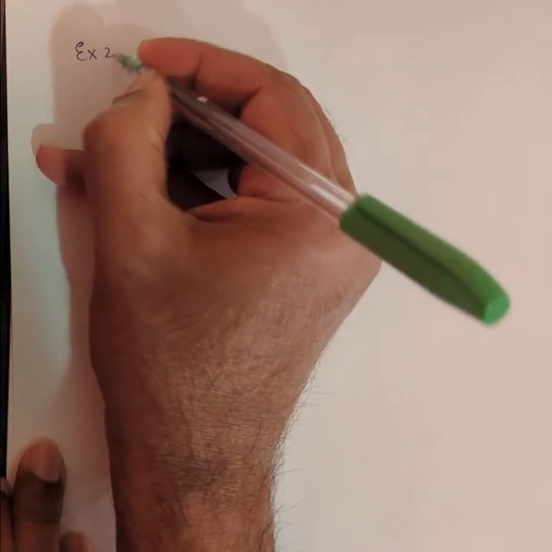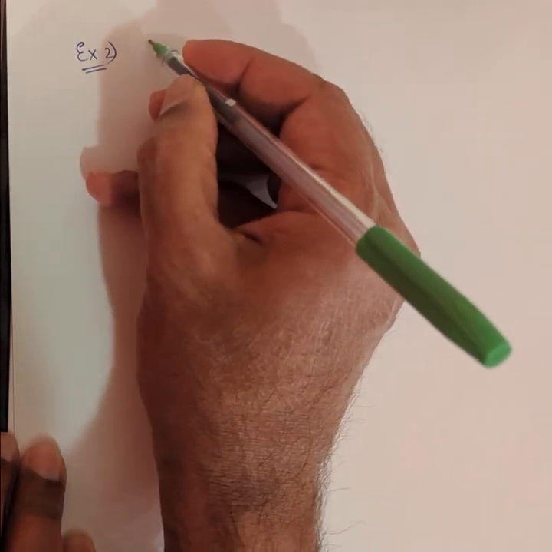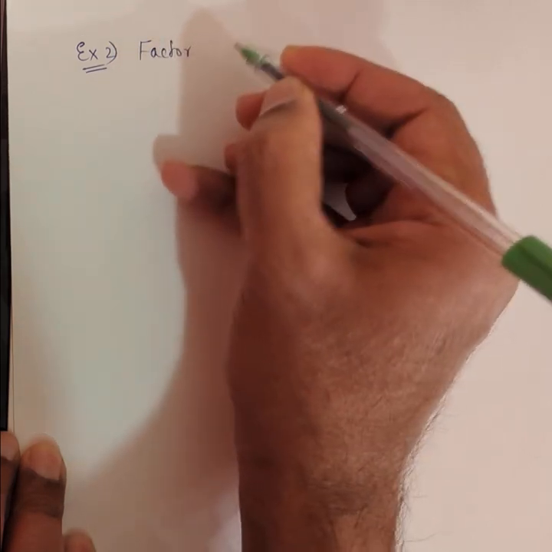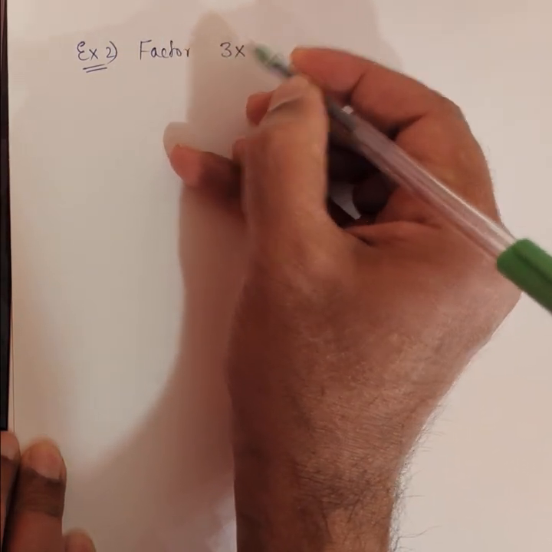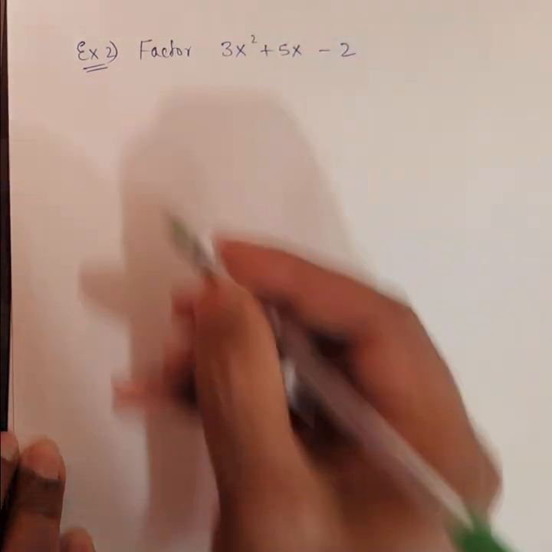Let's look at one more example. So let's call it example 2. So this time, let me say I have to factor 3x squared plus 5x minus 2.